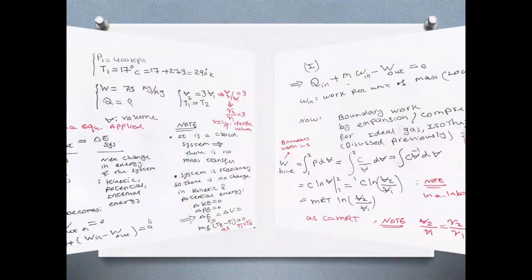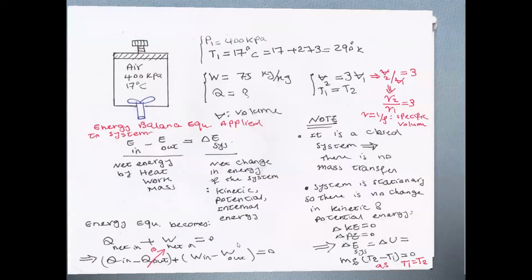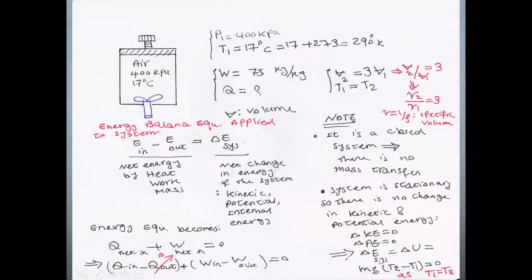So we got to this point, right? Now we have W out, and we have W in, which is the work of this shaft, this paddle wheel, per unit of mass. It's 75 kilojoules per unit of mass. It's not capital W, so okay.